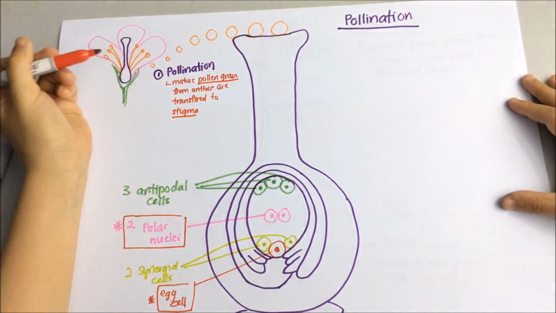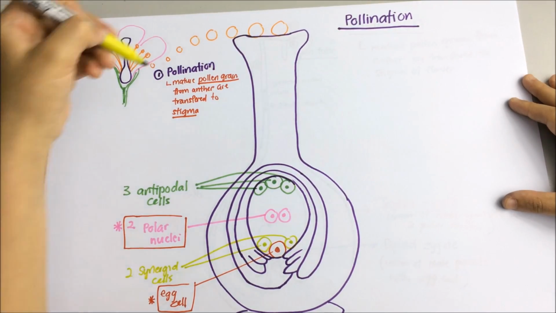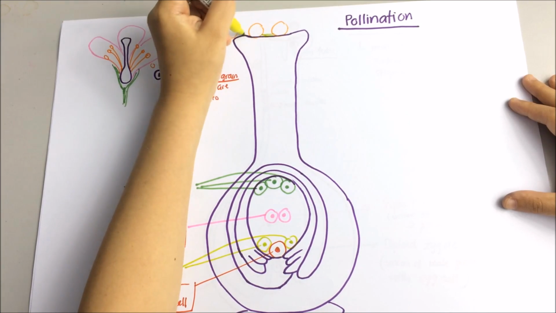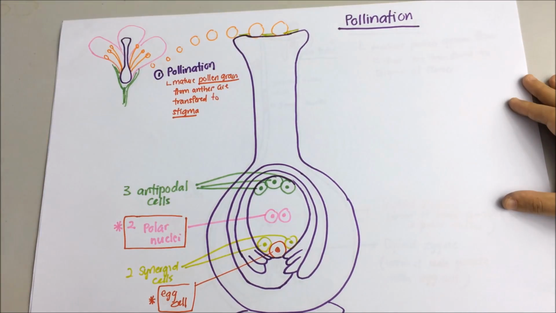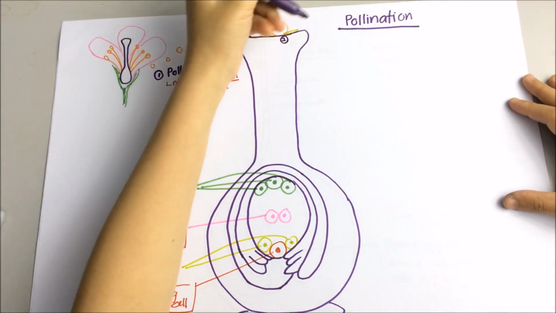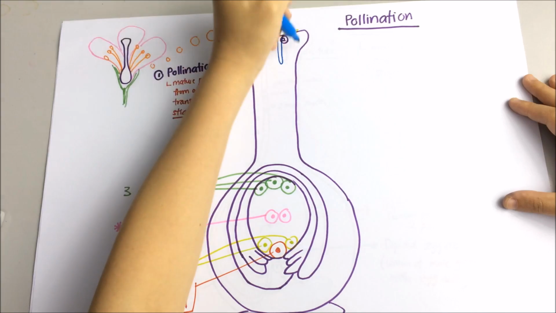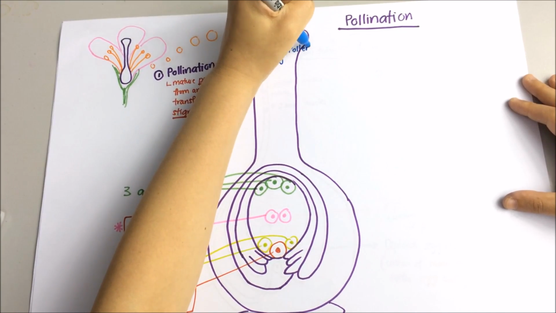Once the pollen grain arrives at the stigma of a flower, the pollen grain will germinate. The stigma will secrete a sugary solution which will stimulate germination. When the pollen grain germinates, it produces a pollen tube, and this will be the second step.